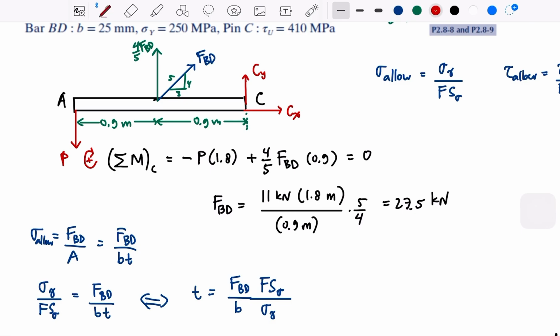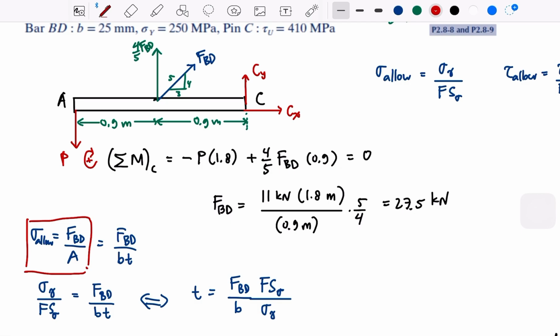So I start from here. The known that we have is FBD, right? This F is going to be made into stress with this area on the rectangle of BD, because BD has the width B and the thickness T, so this will be the area, the cross section. Okay. So this will be its sigma, right?